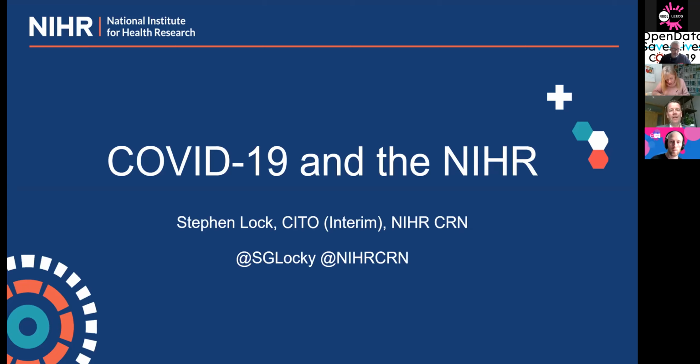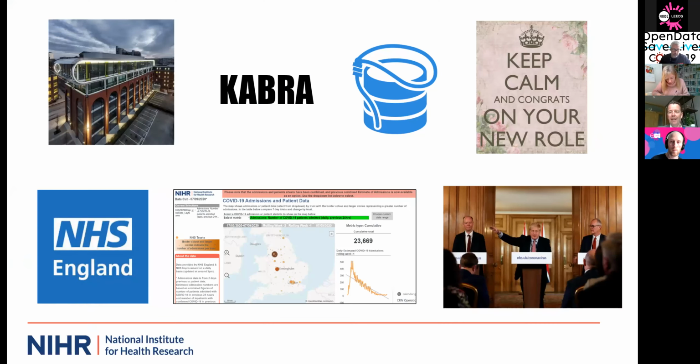So the story, what happened? Starting in the top left, that's where we're normally based in Leeds. One of the ways that we would informally describe ourselves in the past was as being the best kept secret in the NHS. The reason for that is that nobody had ever heard of the National Institute for Health Research until recently. And yet we're a pretty big organisation.